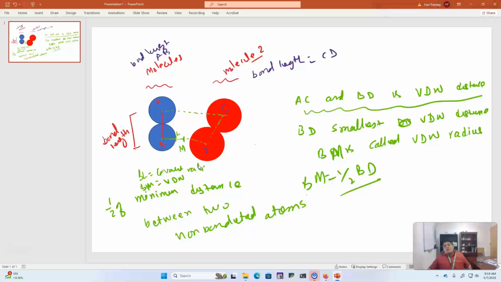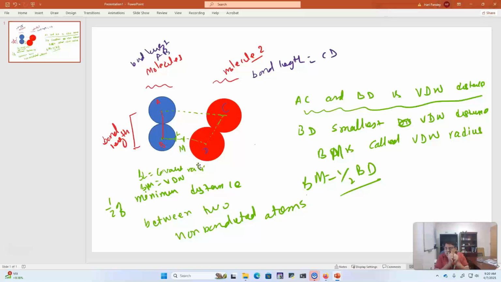The covalent radius is equal to the actual radius of the atom. But the van der Waals radius is always outside of the atom, because it is the sum of the radius distance between two molecules, and two molecules never come together.